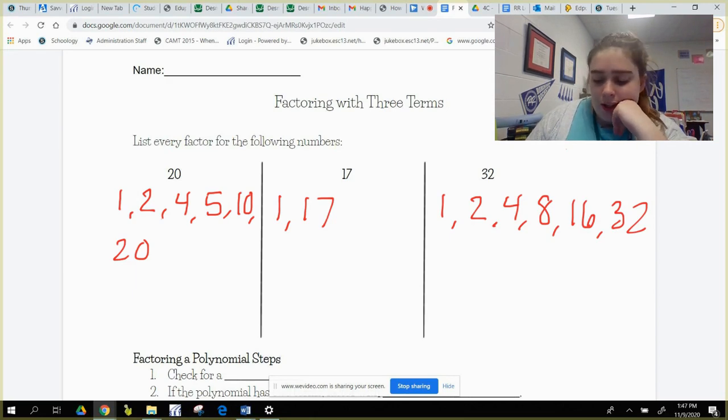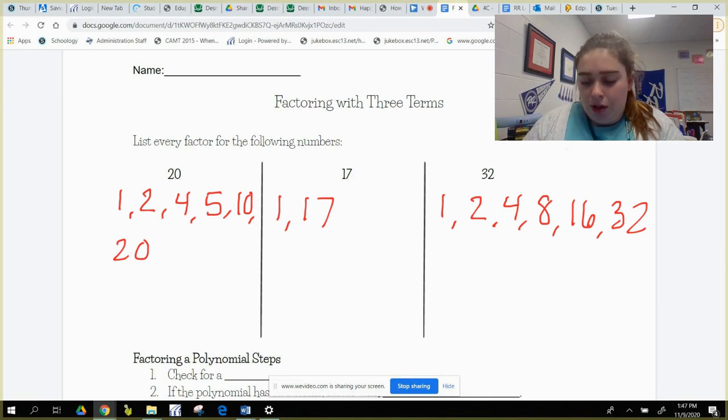All right, so here is all of the factors listed out for these three numbers. As you can see, 20 was pretty easy to do because we already know what numbers go into 20. 17 may have taken you a minute to think about, but 17 is a prime number, right? A prime number means the only factors that multiply to get that number are 1 and itself, 17.